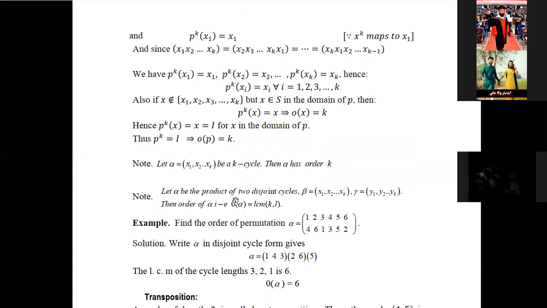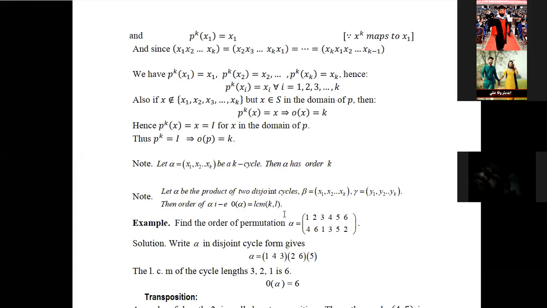Let alpha be a product of two disjoint cycles, beta and gamma. Then the order of alpha is the LCM of k and l. If we have more than one disjoint cycle, how do we find the order?